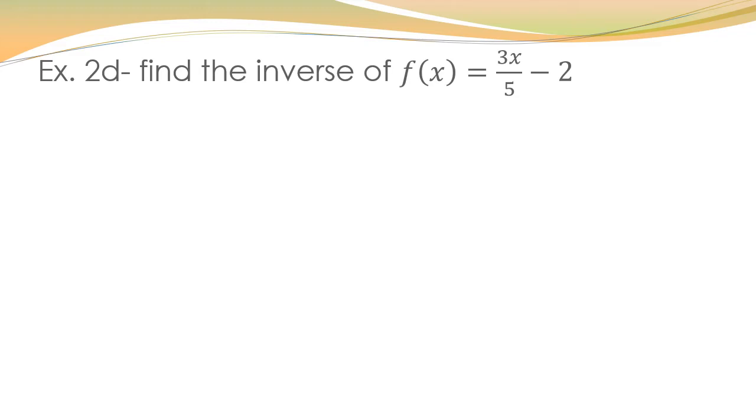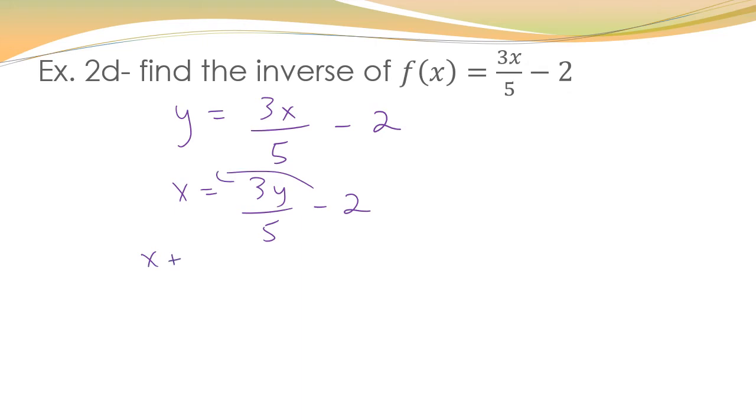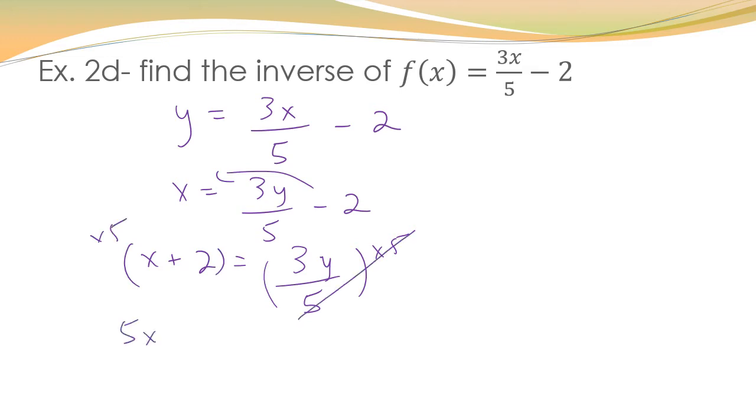D, find the inverse still. Write f of x as y. Swap x and y. First thing you need to do, bring that negative 2 over, becomes positive 2. Multiply both sides by 5, to get rid of that 5 on the bottom, right? 5x plus 10 equals 3y.